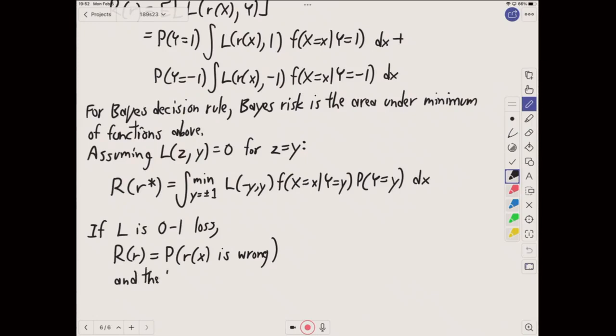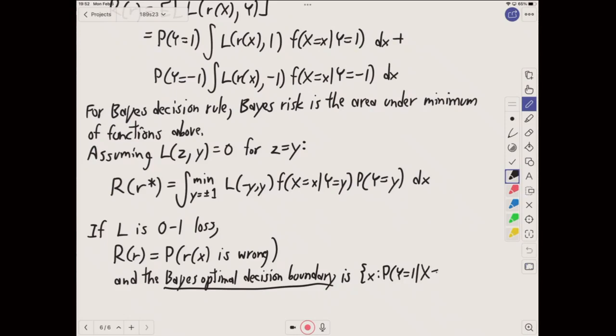And also, assuming we're using the 0-1 loss, the Bayes optimal decision boundary, so the posterior probability, you can think of that as being our decision function.